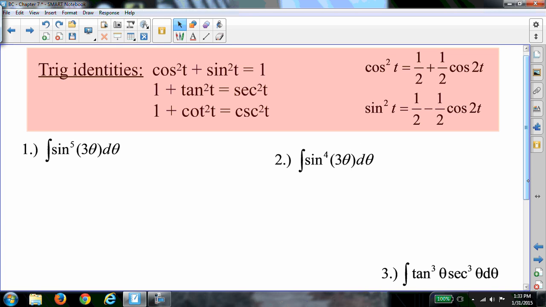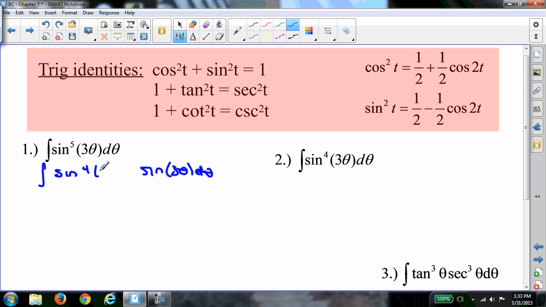We talked about using the Pythagorean identities and rewriting this so that you have a part that's our u and then the other half that's going to be our du. With the odd sines and cosines, probably the first place to start was typically to move aside one of the sines or cosines. In this case, we'll move aside a sine 3 theta d theta. And then the remaining sine to the 4th theta, we can rewrite using our trig identities. Cosine squared plus sine squared equals 1. So sine squared equals 1 minus cosine squared.